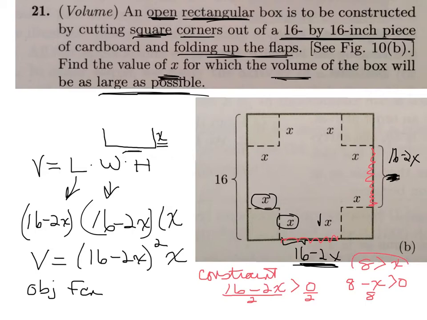So that is my constraint. Just keep that in the back of your mind. I still have a constraint, but I'm not using it the way I've used them previously. Okay, so we're starting to get ready to set up our problem. So we're going to go on the next page. I'm going to write this out nice and neat so that we can get to work.